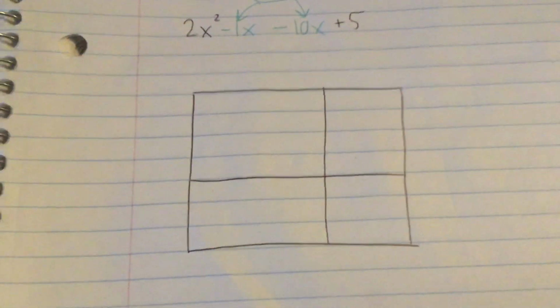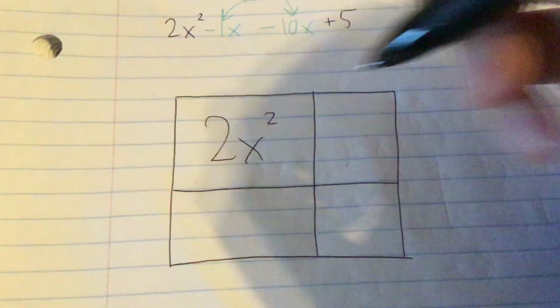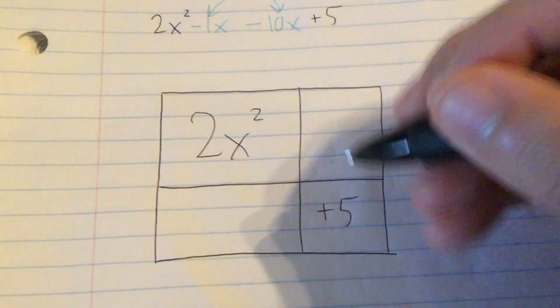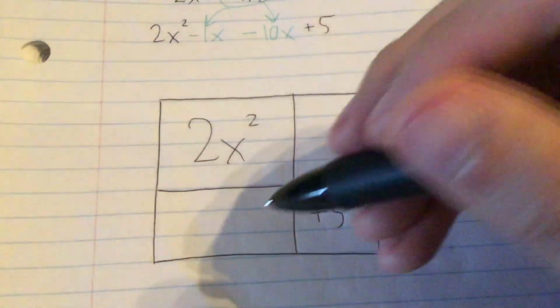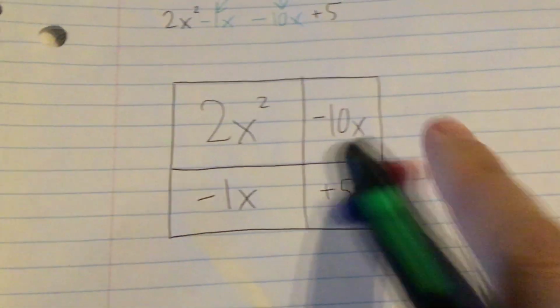So now I'm going to put all four of these expanded terms into their appropriate positions of the rectangle. So 2x squared, positive 5, top left and bottom right. And now it doesn't really matter which one I pick. So I'm going to go with negative 1x and negative 10x.